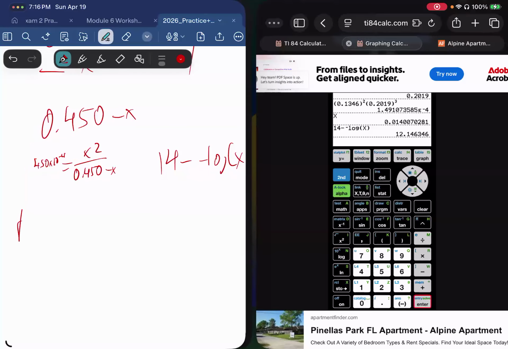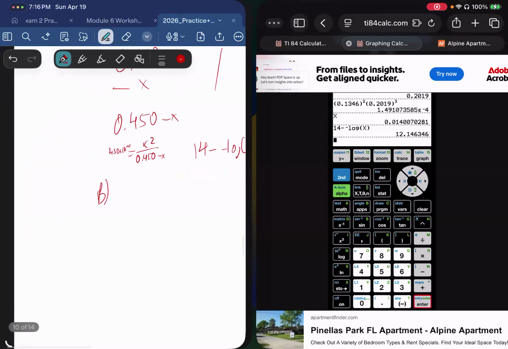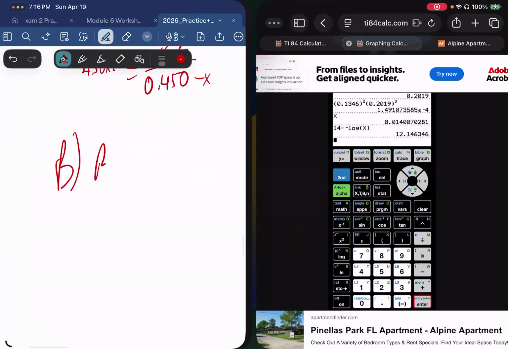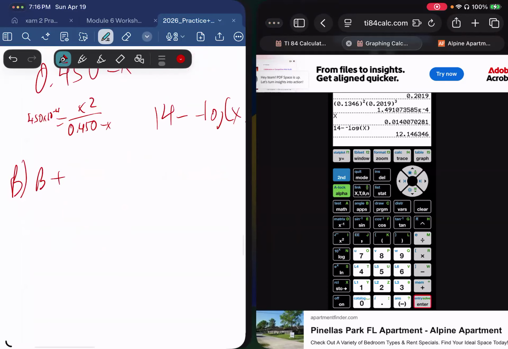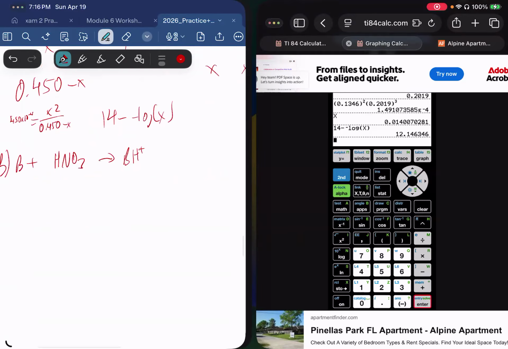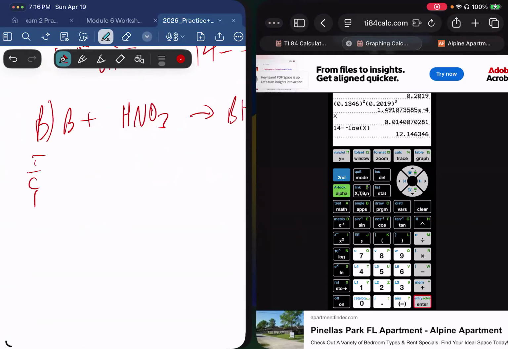So the second one is going to be ICF. We're going to do the base reacting with the acid. So you can do HNO3 and you're producing BH+, the conjugate acid, plus NO3-. And you're going to do ICF.